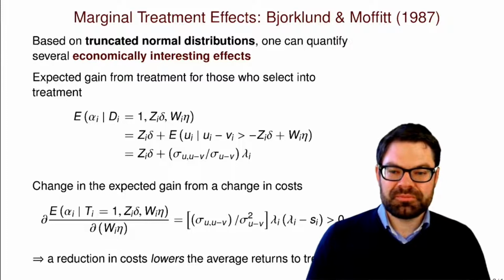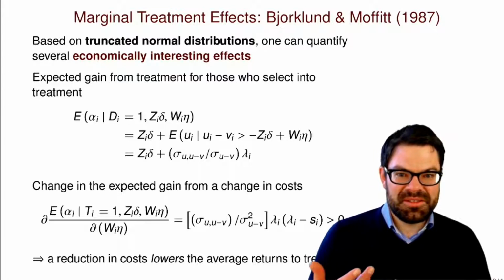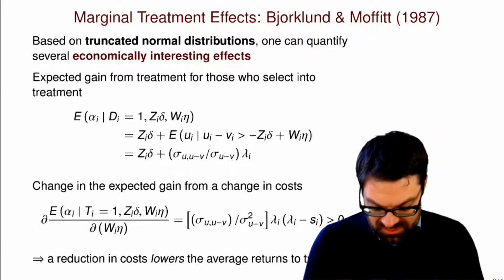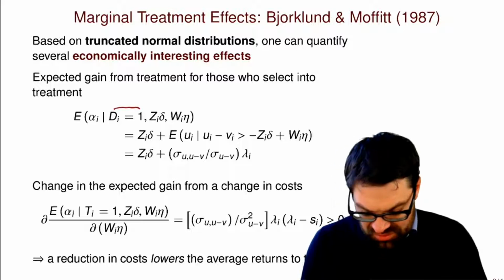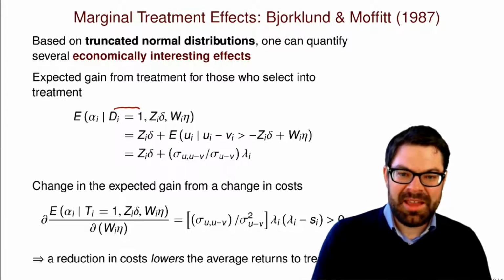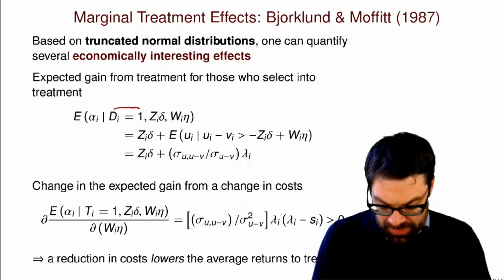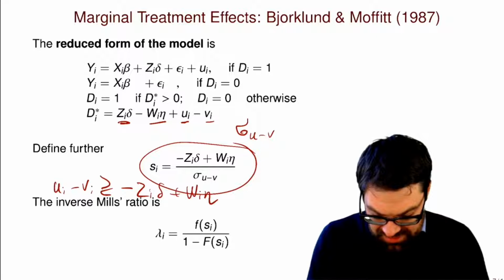And so the expected gain from treatment is of those who selected into the treatment. That's shown here by conditioning on those people for whom Di equals 1, and then conditional on those cost and gains shifters.